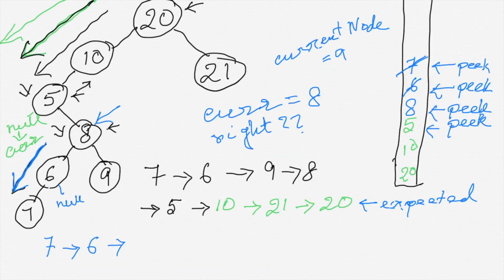We check whether it has a left child or not, because if it has one, then we need to go all the way down the left path till we hit the null. So we make this current, and from there we see if its left child is not null, but we see it is null.